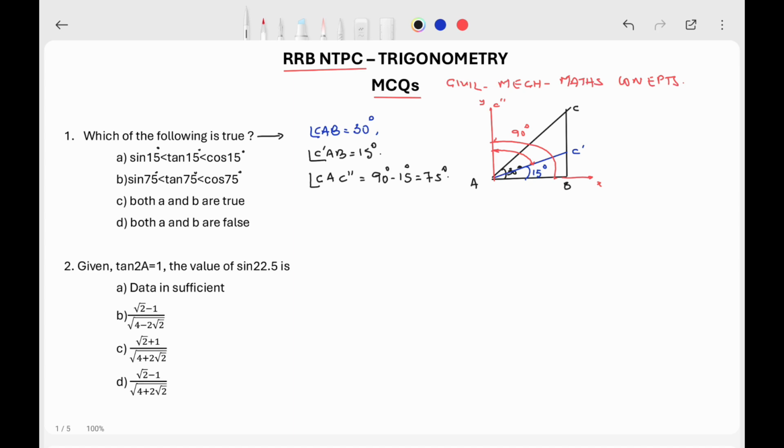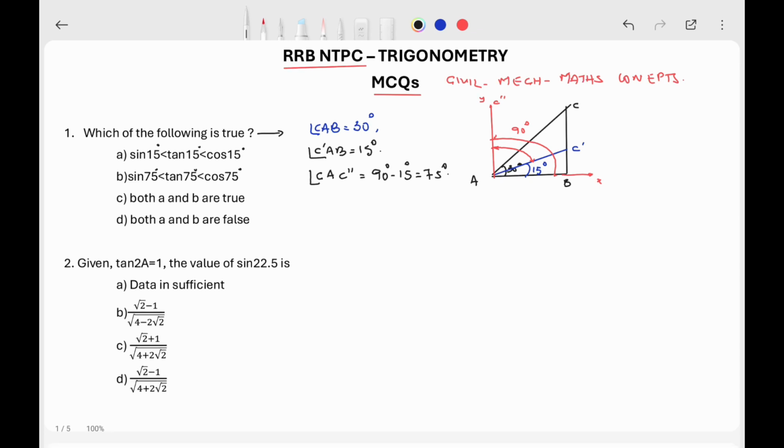Now the question asked is sin 15, which of the following is true? Sin 15 is less than tan 15 is less than cos 15. From the basics, sin 15 is opposite side by hypotenuse. Sin 15 is equal to BC dash by AC dash.